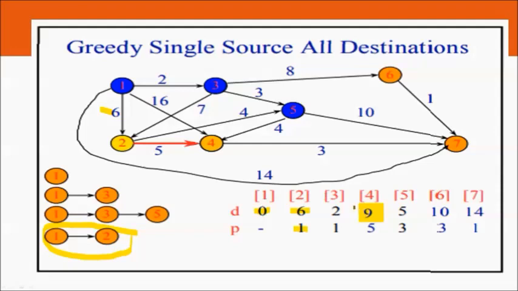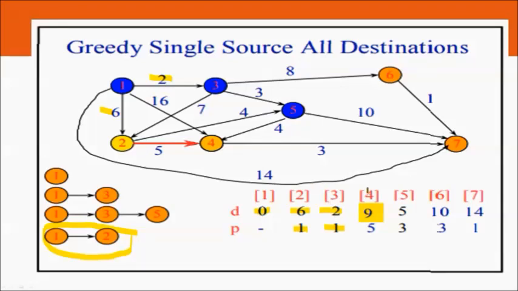Next, from vertex 1 to vertex 3, again, we have a distance of 2, and our predecessor is vertex 1. So that's the vertex before the latest vertex. Don't forget about that.